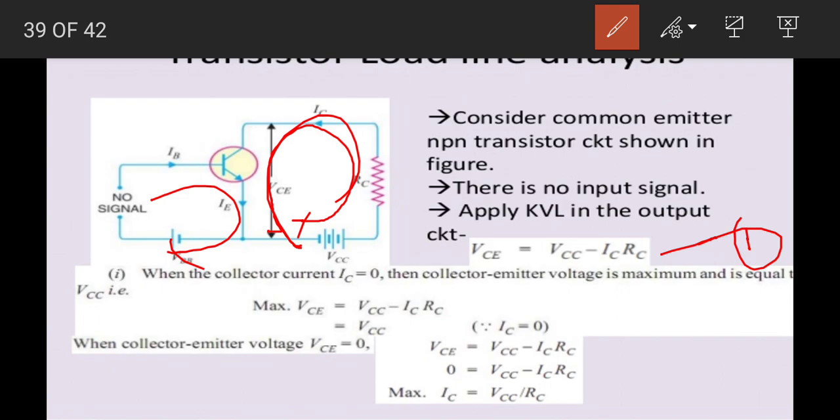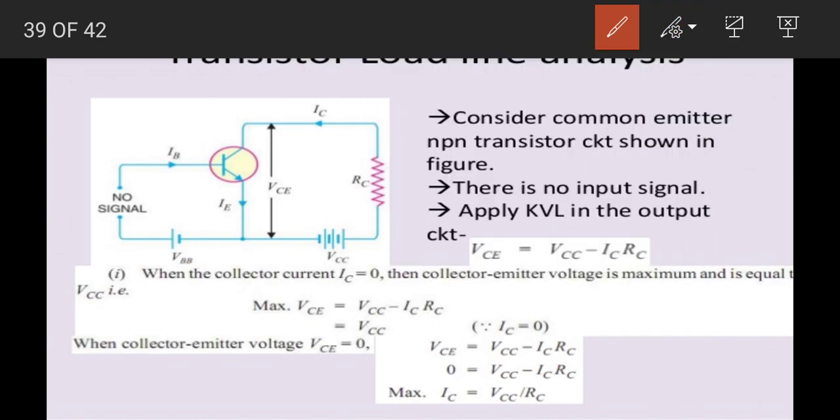When the collector current IC is equal to 0, then this value is negligible. Put IC equal to 0 in this equation, so the value we get is VCE equal to VCC.